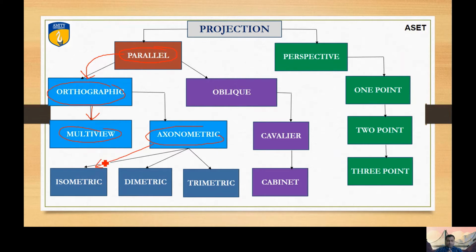But you must know the concept of parallel, orthographic, and multi-view, so that we can cover the projection of points, lines, and solids. You must know at least the names of these types of projection. If someone asks you, at least you can give the names of these other types of projection, right?